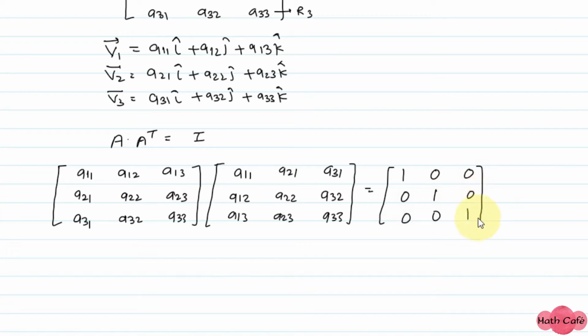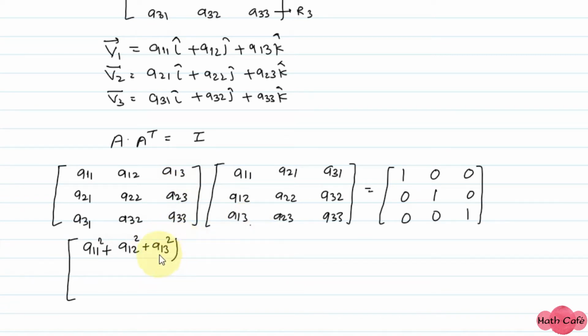So far so good. So we will multiply both matrices by the row-column method. The first element of the first row will be A11 multiplied by A11, that is A11 square, plus A12 multiplied by A12, that is A12 square, plus A13 multiplied by A13, that is A13 square.